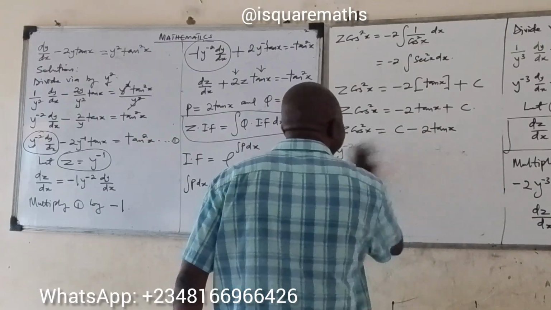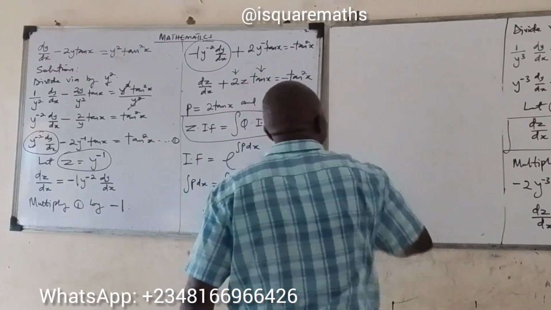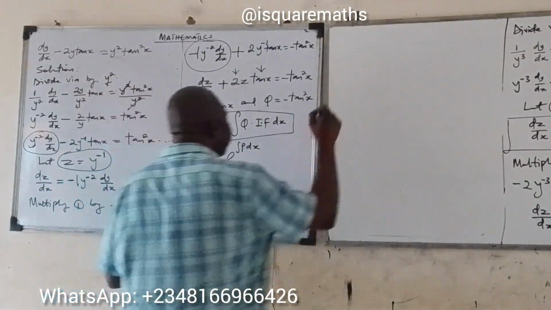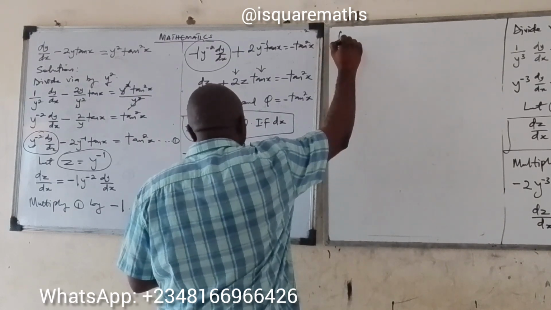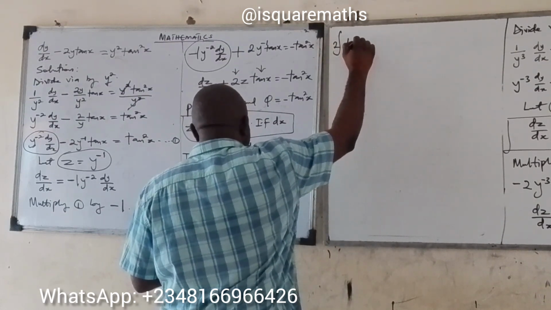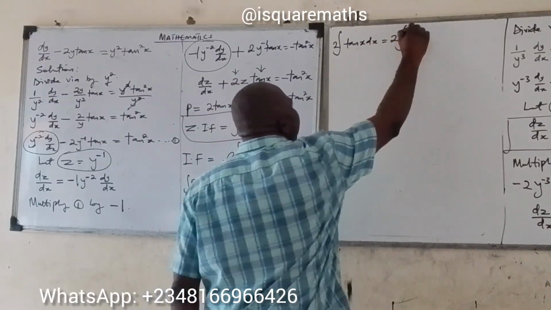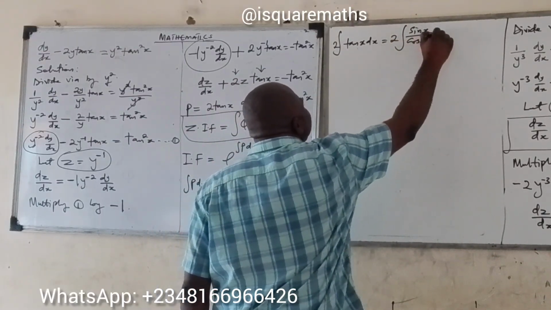So we have to integrate this now. 2 integral tan x dx is the same thing as 2 integral sine x all over cos x dx.